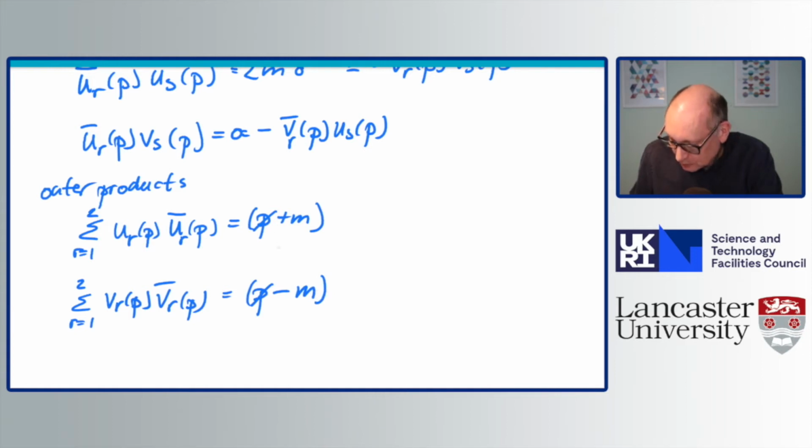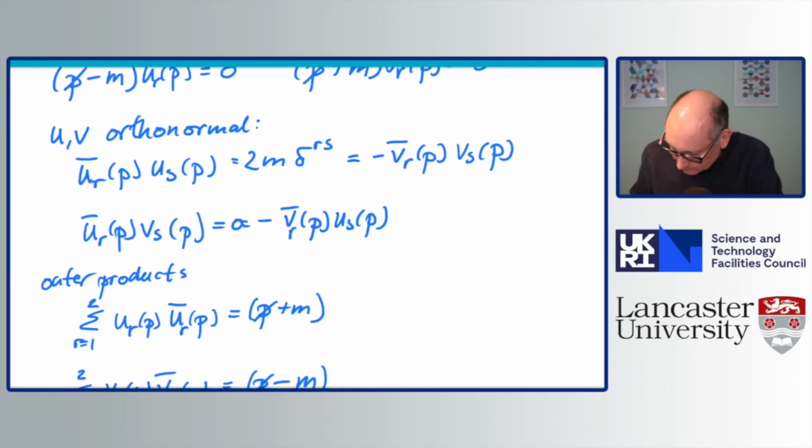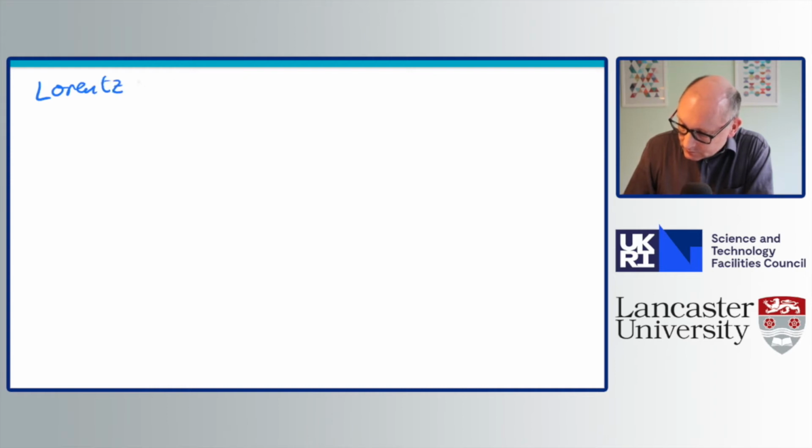The signs are the opposite of what enters in the Dirac equation for the spinors. We will now consider the Lorentz transformation of solutions to the Dirac equation. So, Lorentz transformations of spinors.